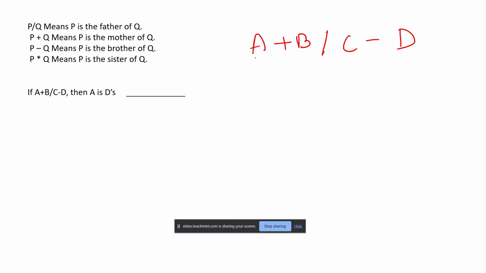That means if you come across a plus b, you have to replace your p plus q with a plus b. So replace p with a and q with b.